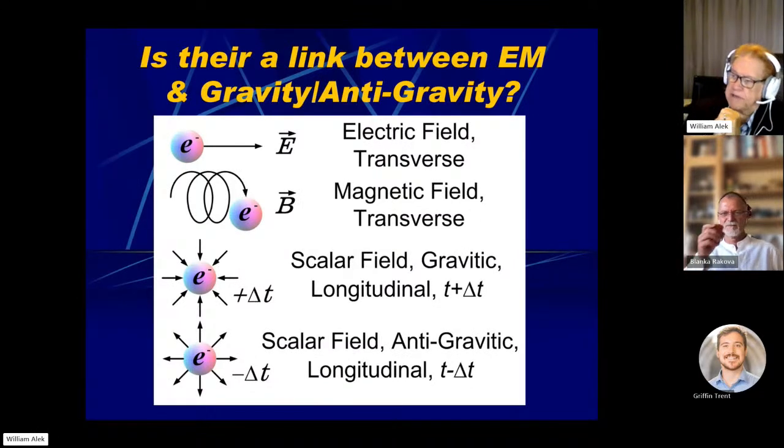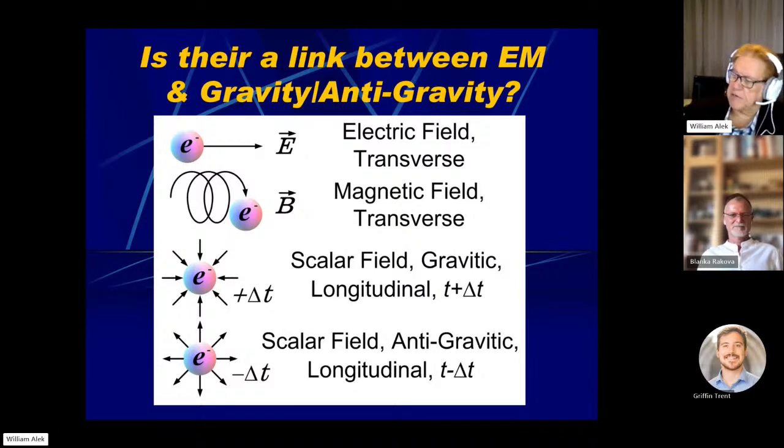Okay, so let's take a deeper look. What is the electric field, the magnetic field, and the scalar field, or gravity? Scalar just means that whether it's mass or time, it's all around us, whereas the electric and magnetic fields are considered vectors, powerful force vectors.